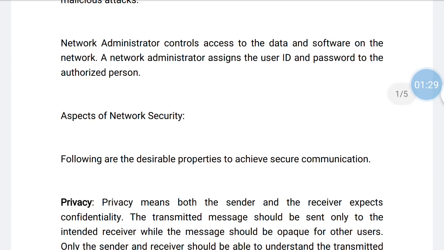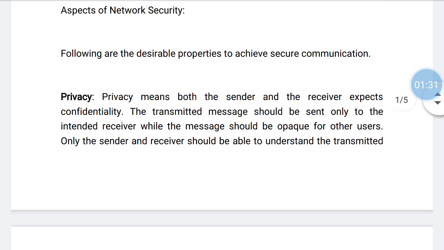Now, aspects of network security. First is privacy. Privacy means both the sender and the receiver expect confidentiality. The transmitted message should be sent only to the intended receiver, while the message should be opaque for other users. Opaque means non-transparent.